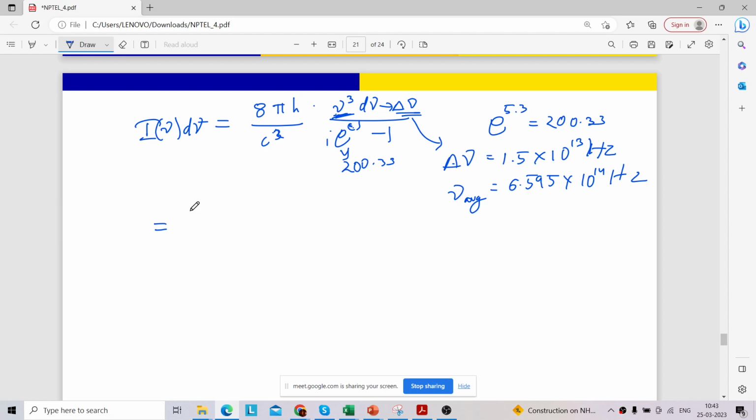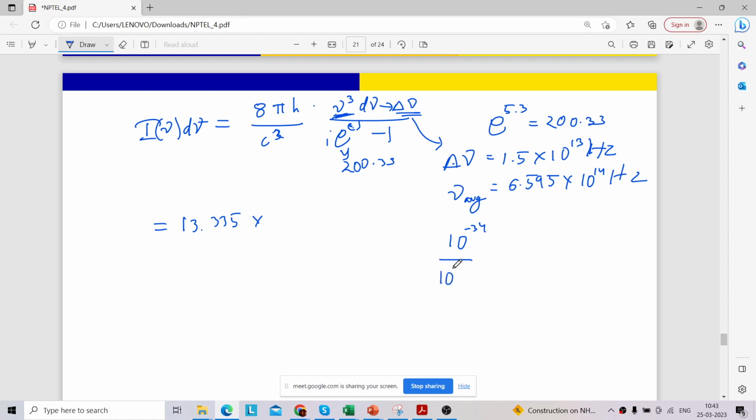So I am getting 15.335. Then I have to calculate the order. 10 to the power 24 minus 34 in the numerator.